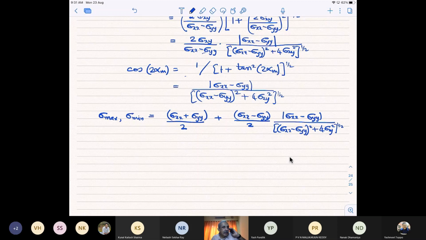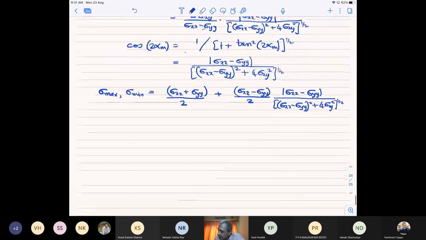Just hang on. And then the third term is where we substitute for sine of 2 alpha m.